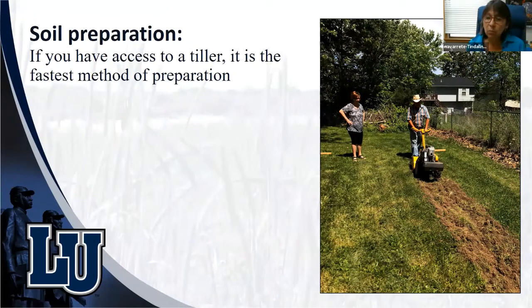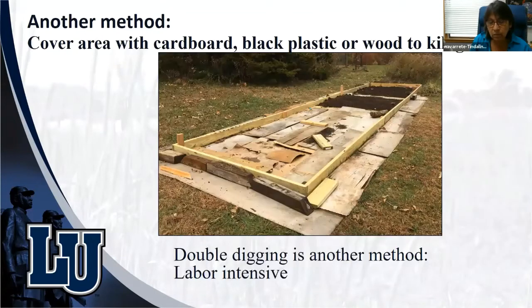Okay. So we'll continue with soil preparation. If you have access to a tiller, it is the fastest method of preparation. But there are other methods. For example, if you have plenty of time and you don't have access to a tiller, you can use whatever you want to kill your grass.